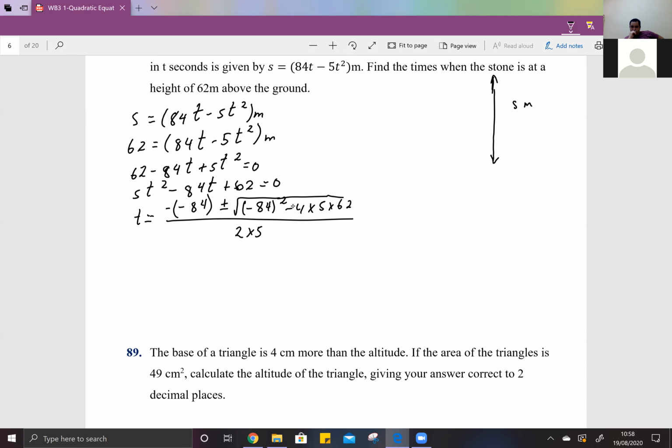Do you want me to simplify it, or should I just put it into the calculator? Yeah, just put it in the calculator and let's see.